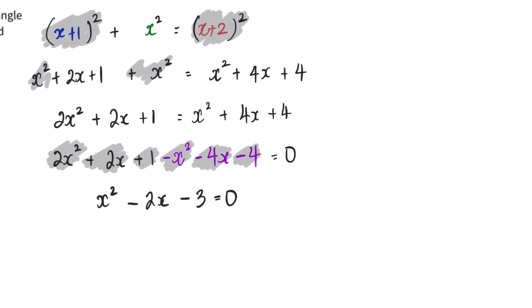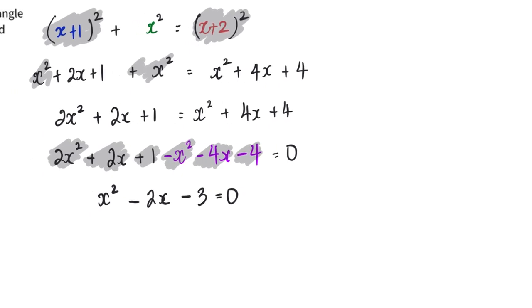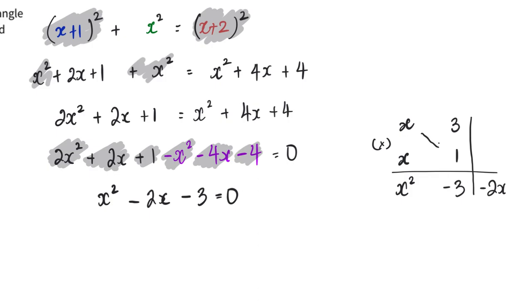And at this point, then I'm going to apply my cross chart to try and factorize this. X times x will give me x squared. For 3, it's only 3 times 1. This will give me 1x. This will give me 3x. And at this point, I just need to make sure which one could be my negative sign, because I get a negative 2x.